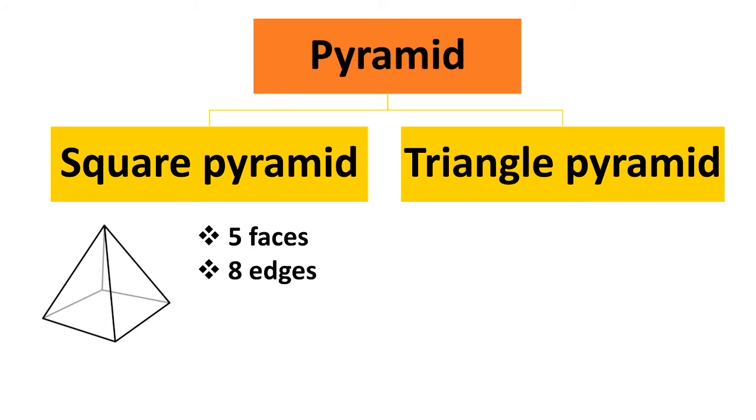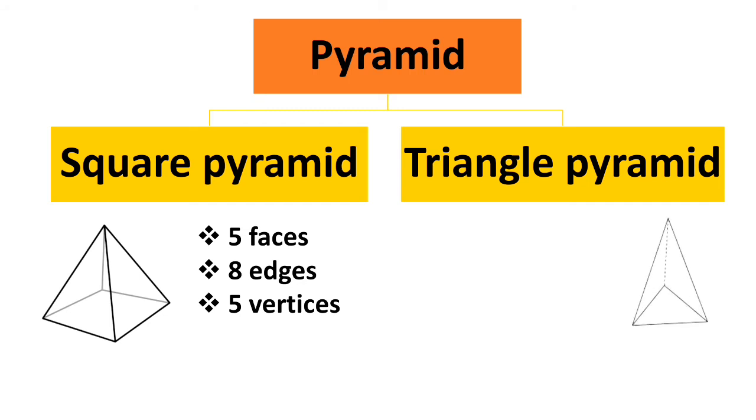Edges. So down there are 4 edges and 4 edges on the upward side. Total 8 edges. The total vertices are 4 vertices given down and the one on top. 4 plus 1, 5 vertices are there in a square pyramid.